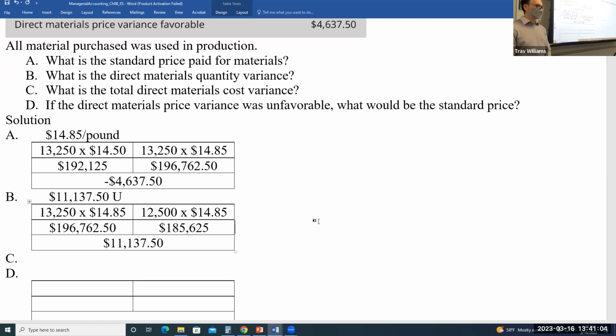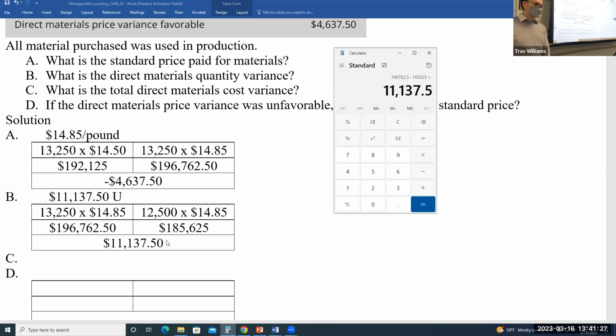All right, so let's go to C. What is the total direct materials cost variance? How do we get the total again? We've got the price variance, we've got the quantity variance, we add them together. Exactly.